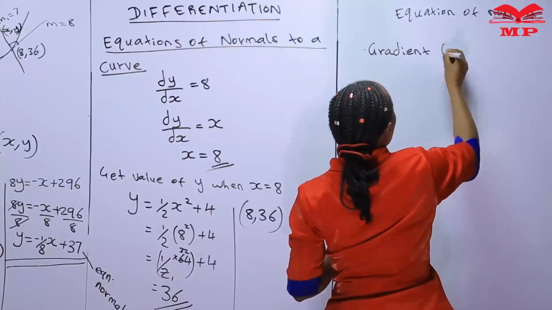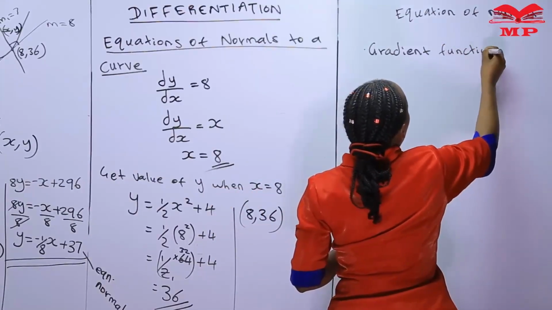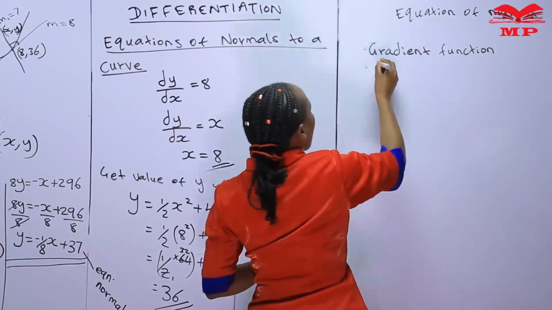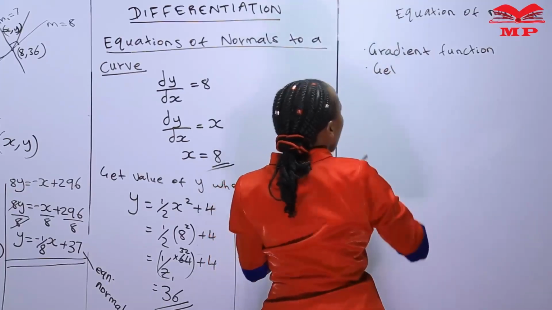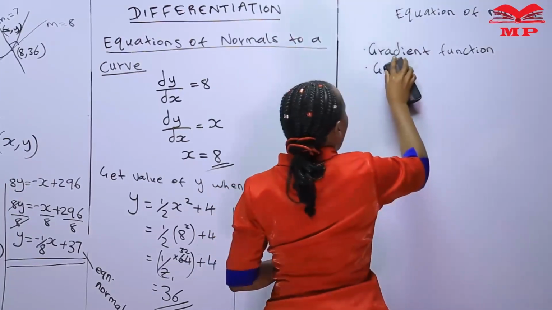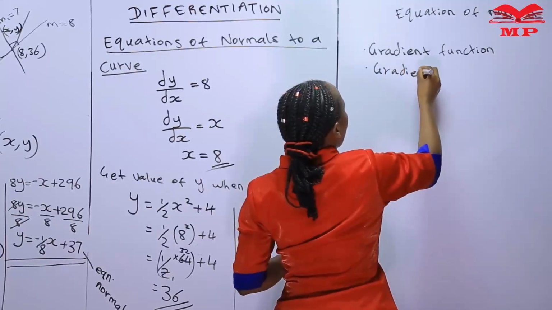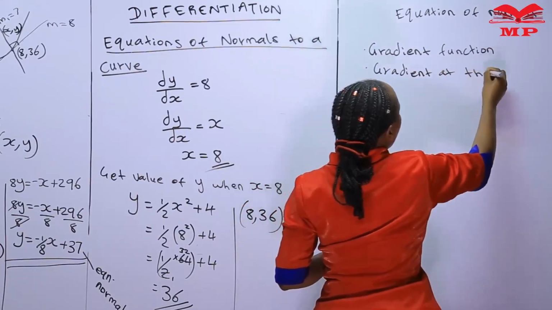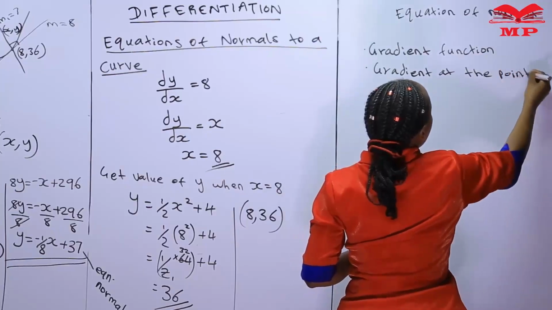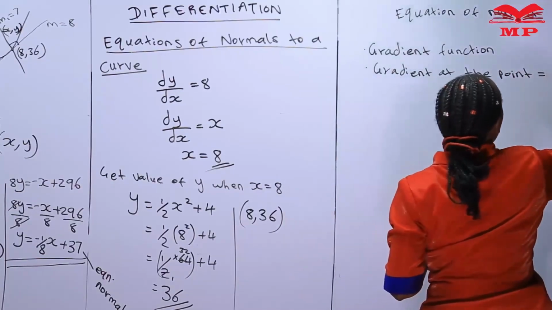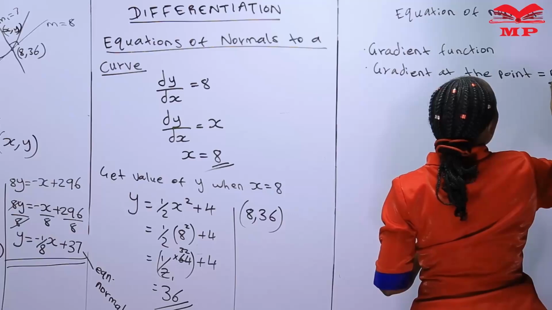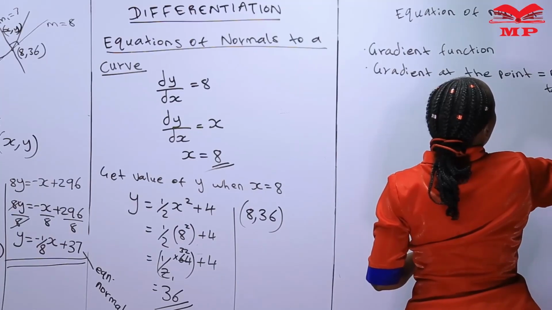From the gradient function, you can now get the gradient at the point given. And this gradient at the point is the same as the gradient of the tangent.